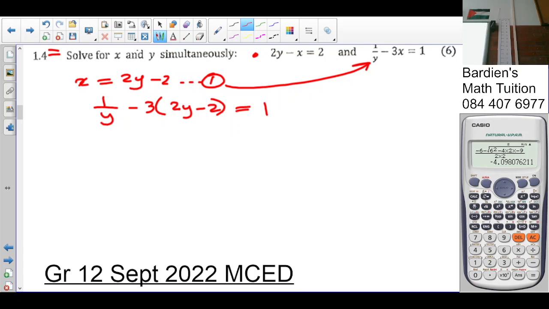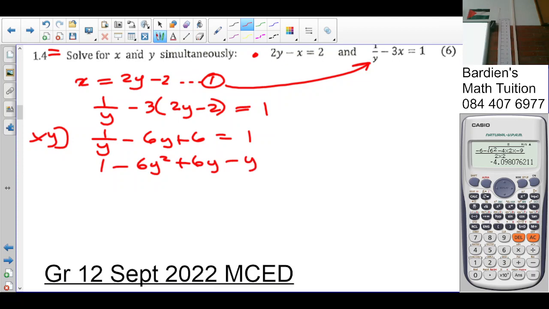Okay, so what we do now, we solve for y. Get rid of the bracket. So 1 over y minus 6y plus 6 equals 1. We multiply throughout by y. 1 minus 6y squared plus 6y minus y is equal to 0. It's negative 6y squared plus 5y plus 1 is equal to 0, which in turn gives us 6y squared minus 5y minus 1 is equal to 0.